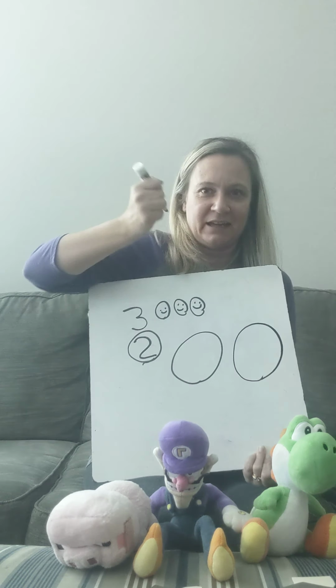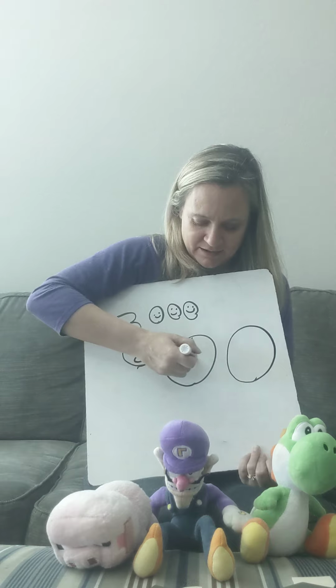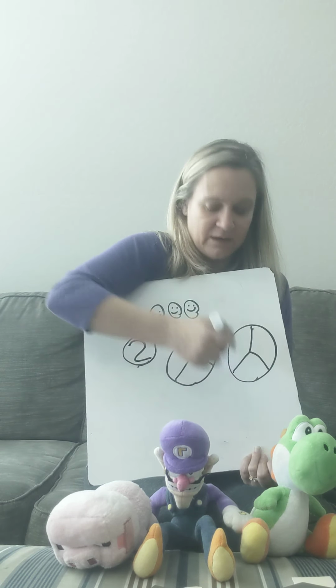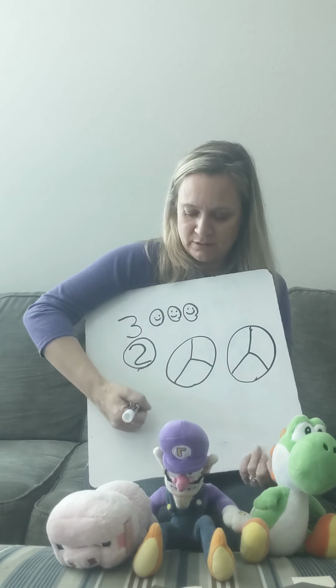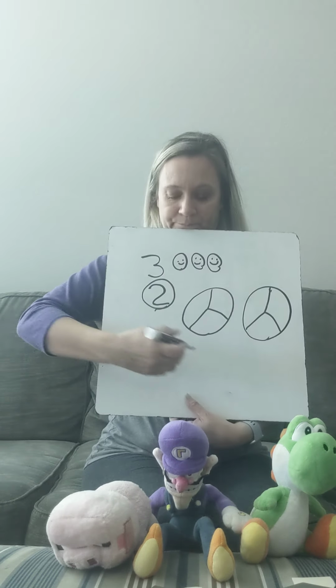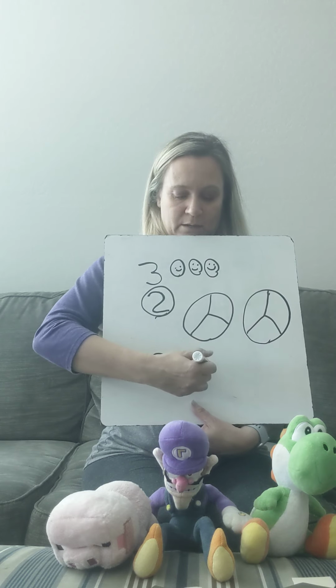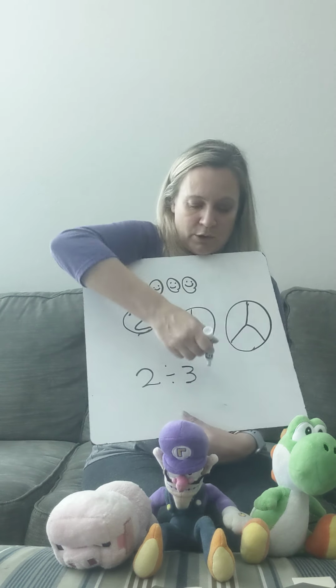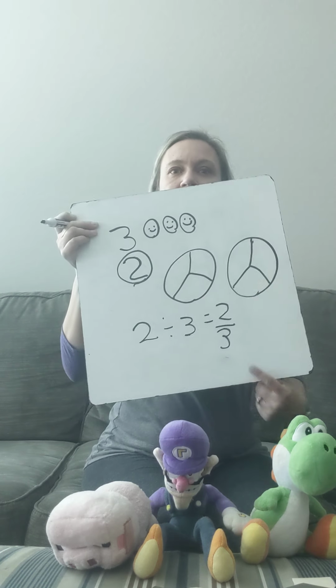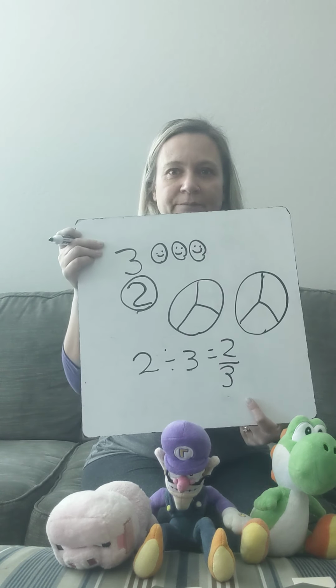Here is the second cookie. And I divided them into thirds and gave each one 1/3. That would look like this. 2 wholes divided by 3, or 2/3, which is our answer of 2/3.